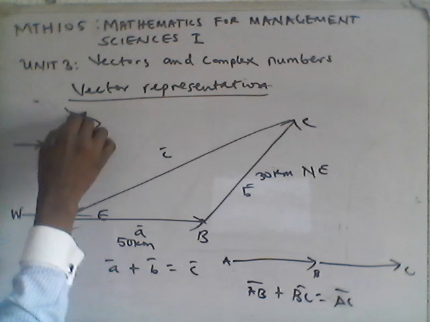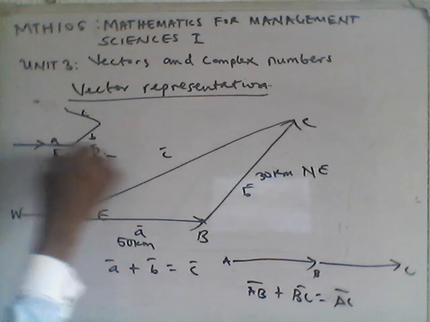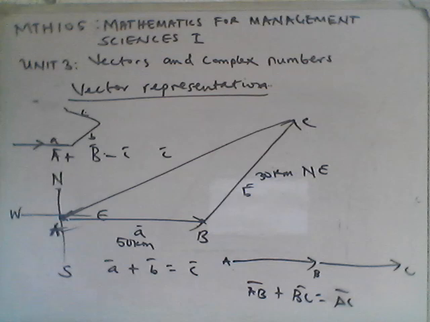But if this is A, this is B, and this is C, when it's moving backwards, C will now become subtraction. So we will see what problems, even as we go further in this course, where there is subtraction of vectors.